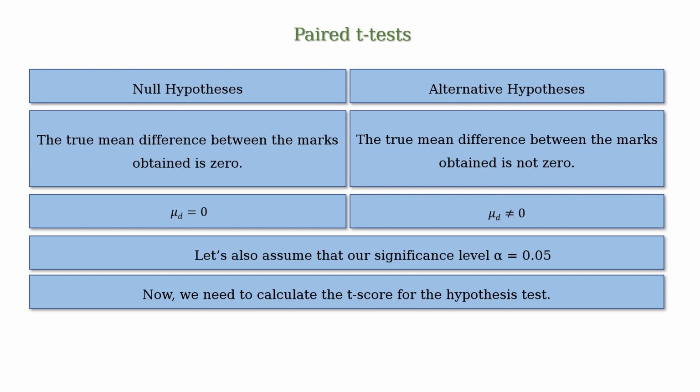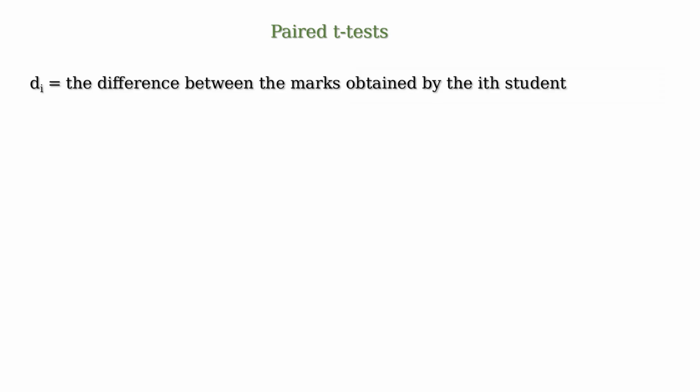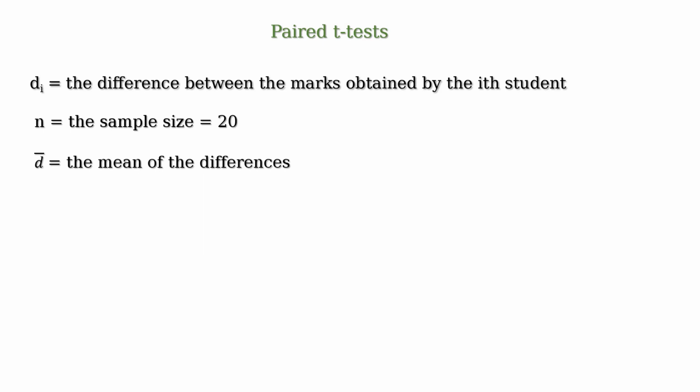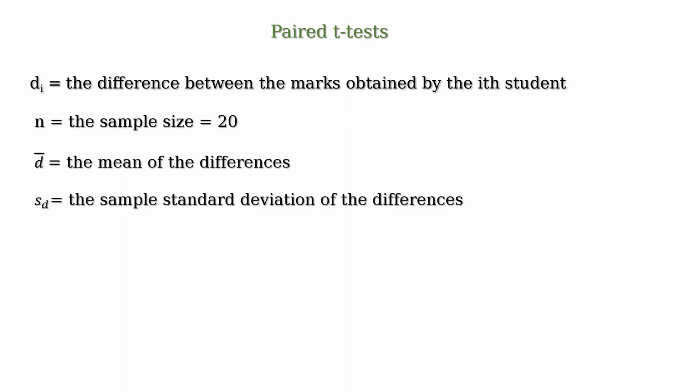The formula for calculating the t-statistic for a paired t-test is the following. If di is the difference between the marks obtained by the ith student, n is the sample size, d bar is the mean of the differences, sd the sample standard deviation of the differences, and t is the test statistic for the paired t-test, then d bar is equal to summation from i is equal to 1 to n di by n.